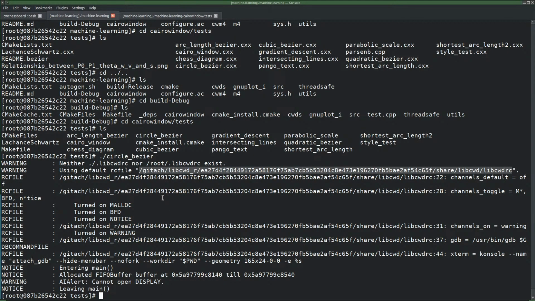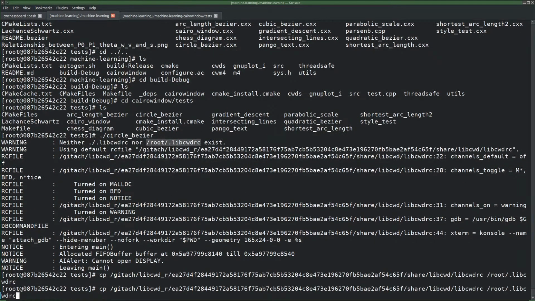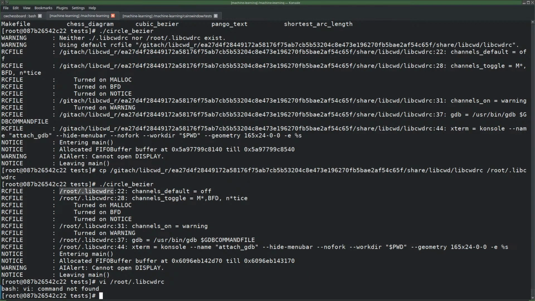Using that, I can just do a copy of this to that, for example, and then it should shut up a little bit better. Let's edit this. Do I have VI? We have no VI. Surely I don't have Vim either then.